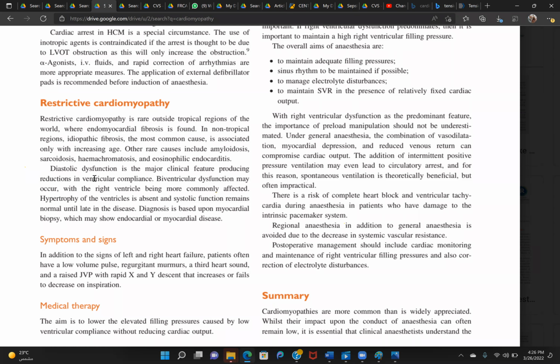When there is a problem in diastolic function, ultimately it results in failure. Hypertrophy of the ventricle is absent, and systolic function remains normal until late in the disease. Initially, there is a problem in the relaxation of the heart. Because in dilated cardiomyopathy, volume is there, but contractility is the problem. So that is a little different between restrictive and dilated cardiomyopathy.